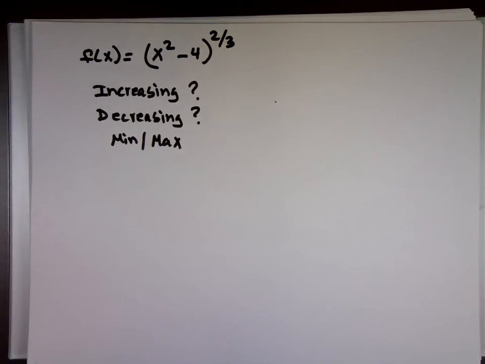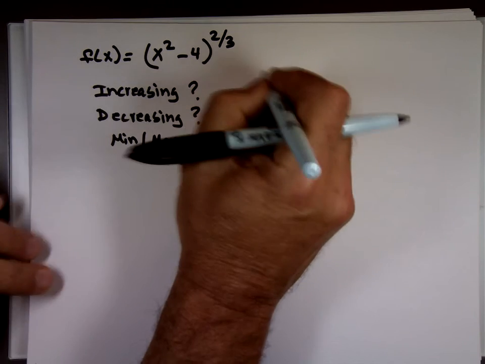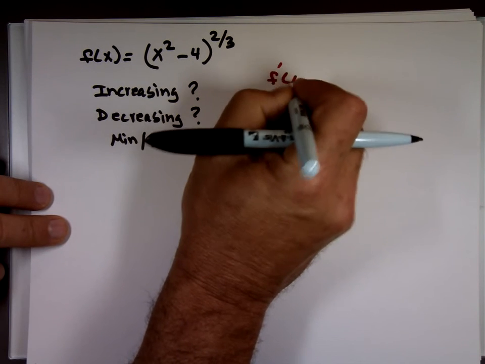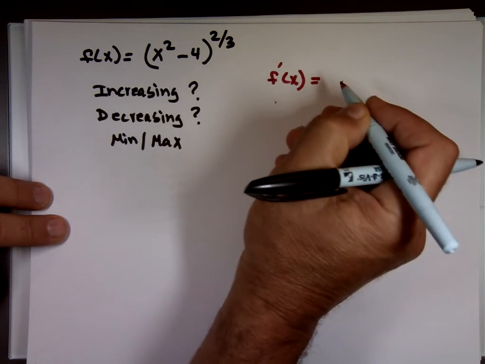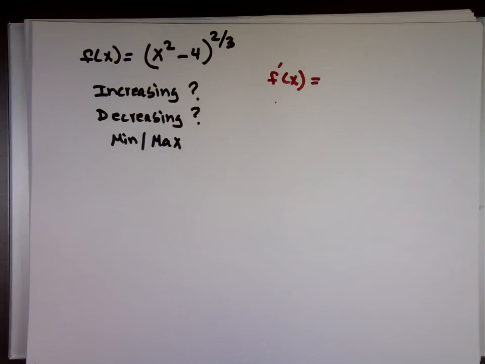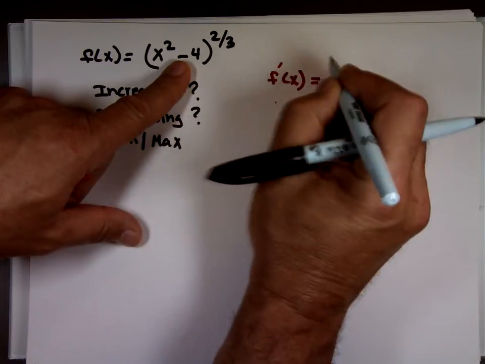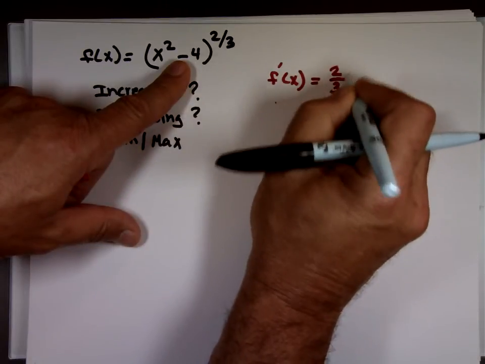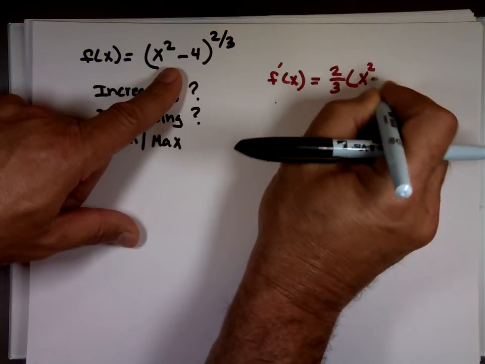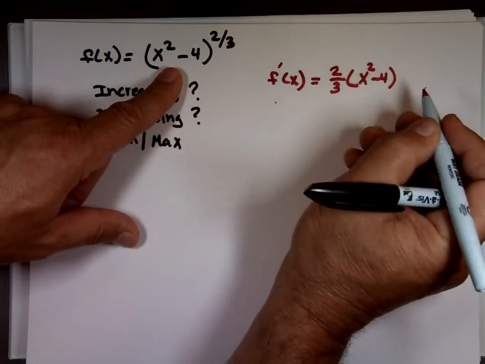Let's take this problem here. Again, let's take the derivative. We're going to need it. What's the derivative? Again, we're reviewing for the test, basically. How do you take the derivative of this? That's the general power rule. 2/3 times x squared minus 4 to what power? Negative 1/3.